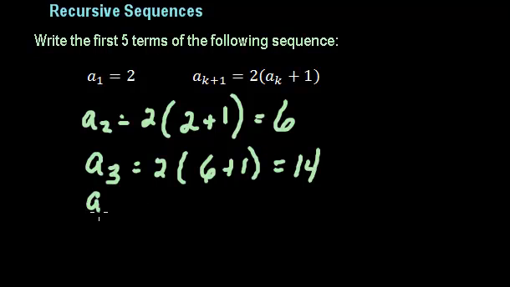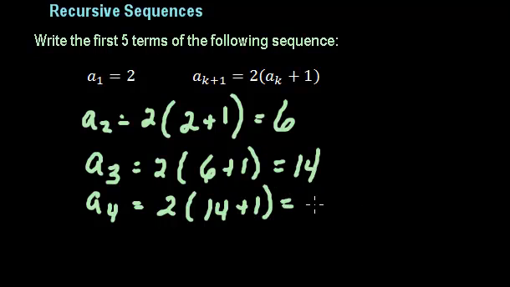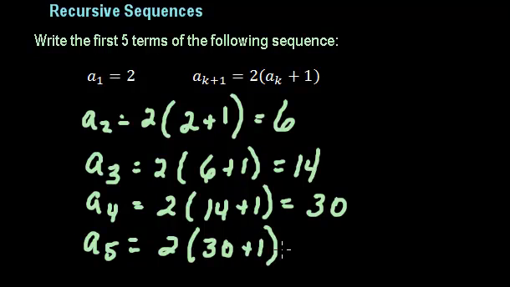The next one, a sub 4, is 2 times the previous plus 1, and that's going to be 30. And then a sub 5 is going to be 2 times the previous plus 1, and that's going to equal, let's see, that would be 31, 62.